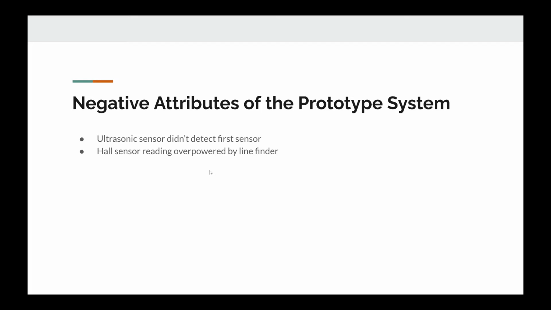As we worked on this project, we realized that once we solved one problem, there was always another problem that came from that. For example, at first we had the line finders pretty far out from each other, about 5 inches apart on the front of the robot. But then the robot would go on the black line and would start to diverge and go left and right. So we decided to put the line finders closer, and the macro would follow the line for the whole entirety of the line.